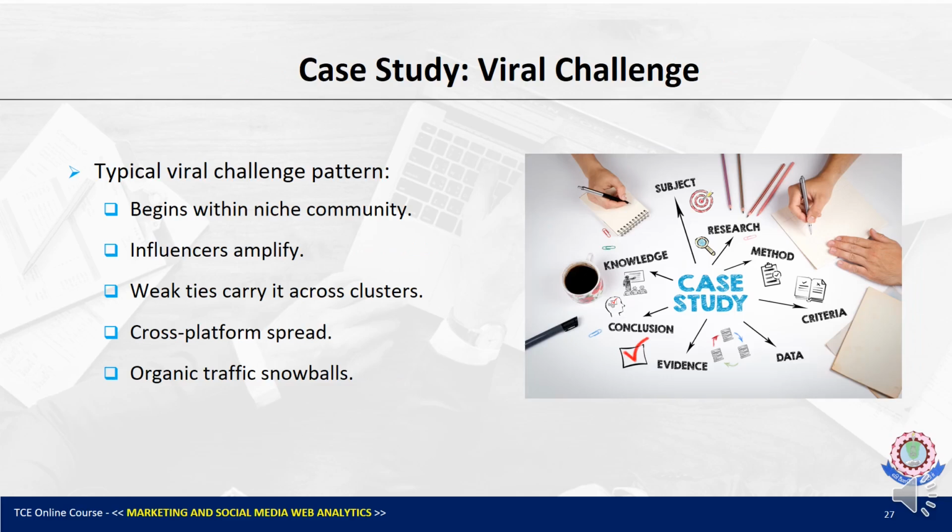Case study: viral challenge. A typical viral challenge journey begins in a niche group. Influencers amplify, weak ties connect clusters, cross-platform spread, organic traffic skyrockets. This showcases how networks truly drive virality.